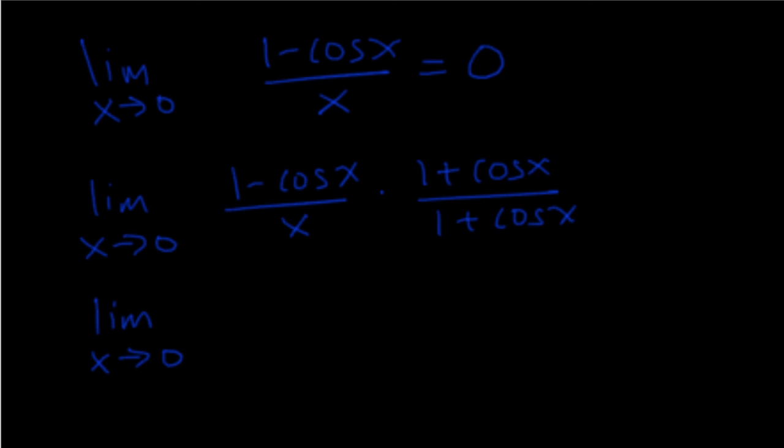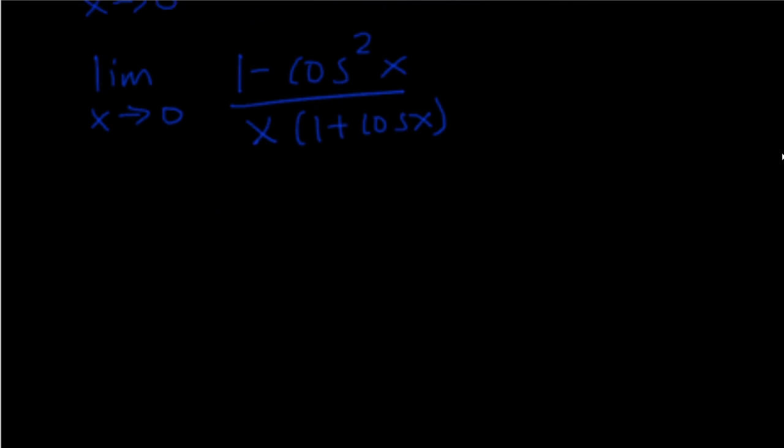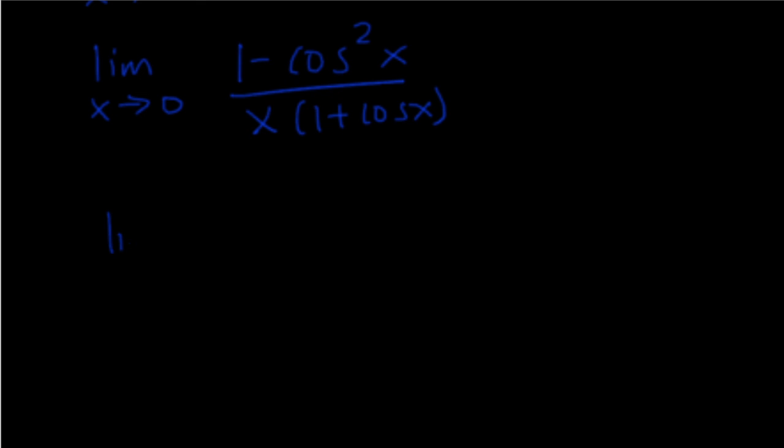Here on the top I have a difference of two squares, so it's going to be 1 minus cosine squared, and that's all going to be over x times 1 plus cosine x. We know 1 minus cosine squared is sine squared. So I'm going to replace that, and I have x times 1 plus cosine x on the bottom.